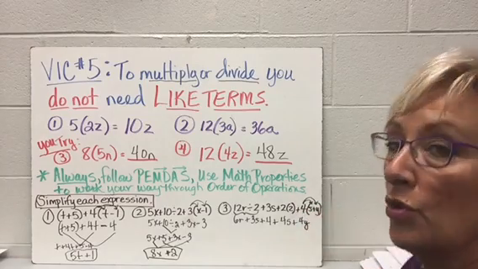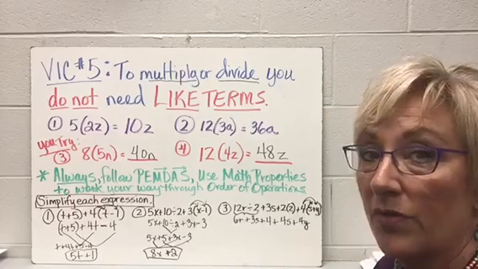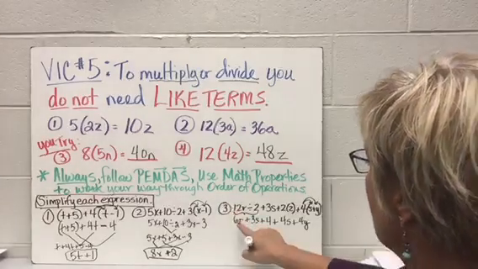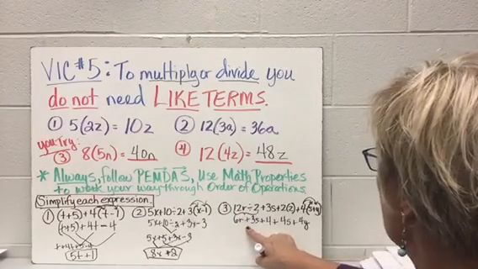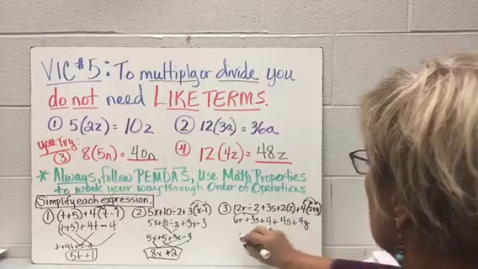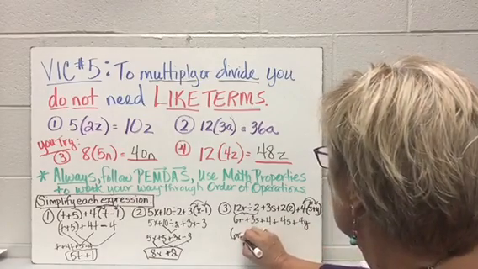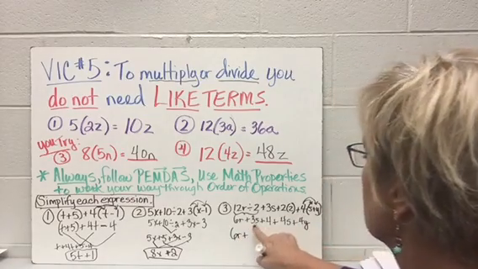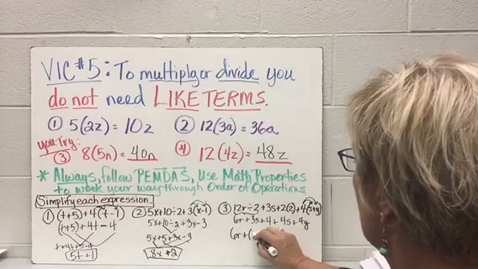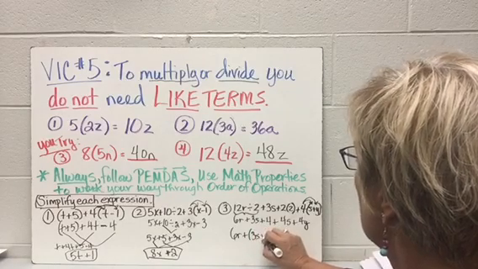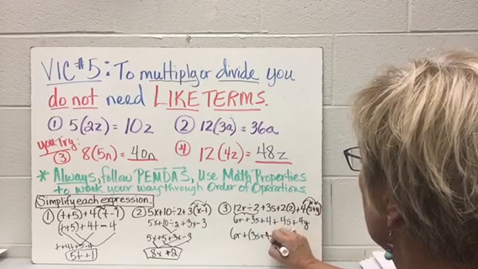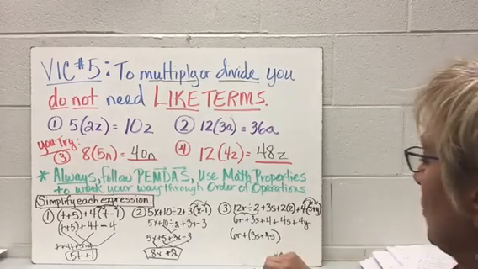Now, let's group everything together that has like terms. I have an r. Let's start with the r's. Do I have anything else with an r in it? No, so I have a 6r. Plus, let's look for all the s's. I have a 3s and a plus 4s. We can group those together.